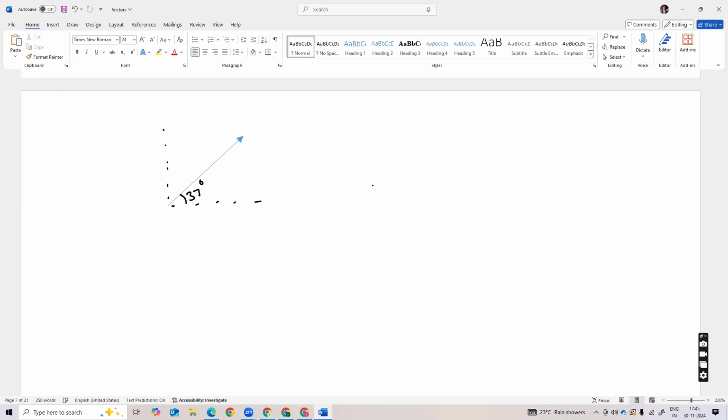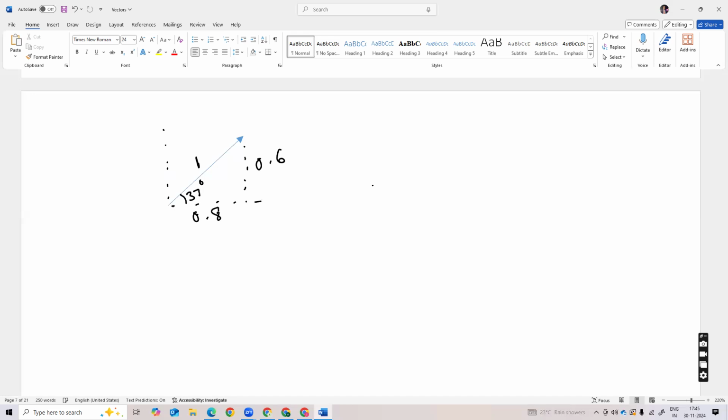This can come because this is one of the special cases. So in a right angle triangle, when one of the angles is 37 degree, and consider the length of this hypotenuse is 1, then the opposite side of this 37 degree will be 0.6 and the adjacent side is 0.8.